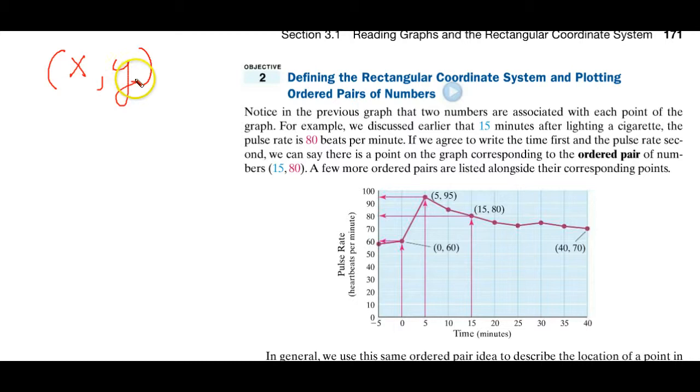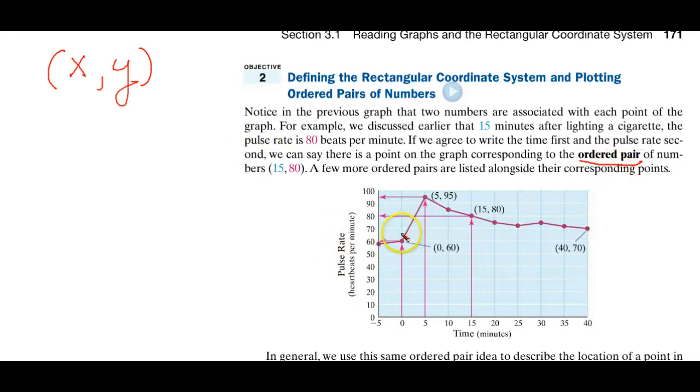Well, I've put a set of parentheses and I put the letter X, comma, Y in there. Now, since in our society we read from left to right, our X is first and then our Y. This makes up what is called an ordered pair.